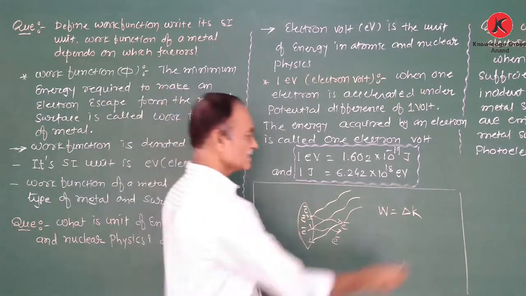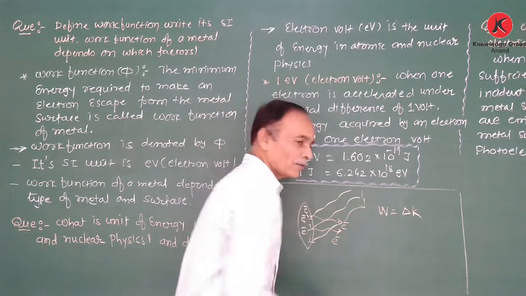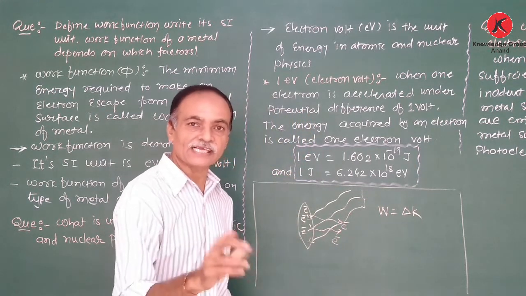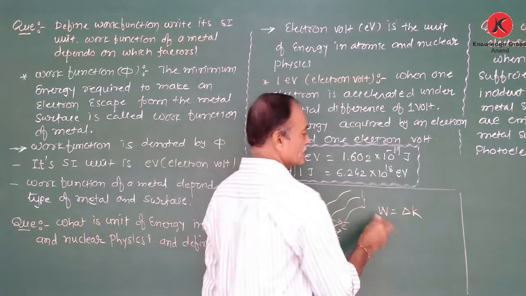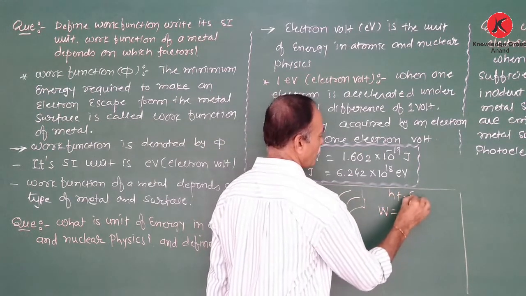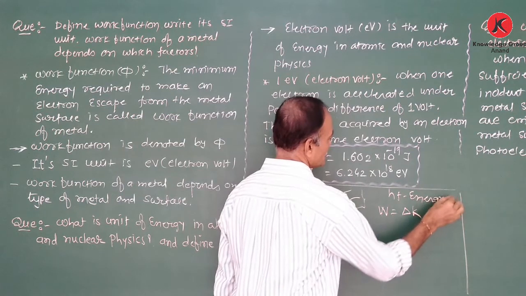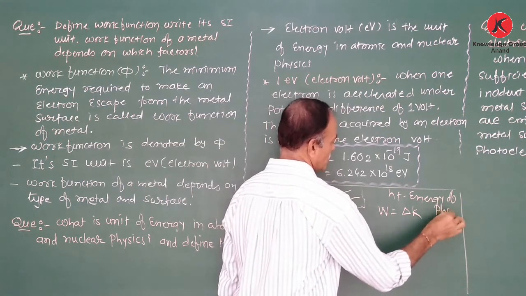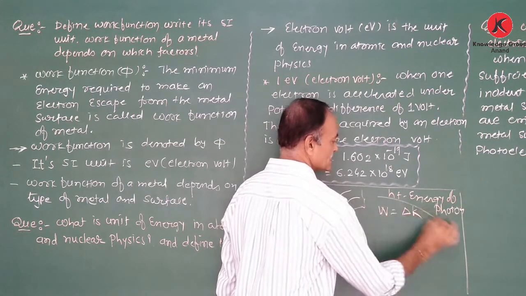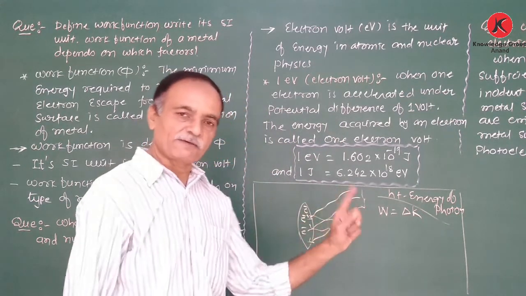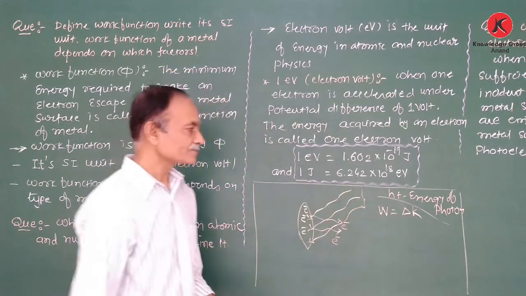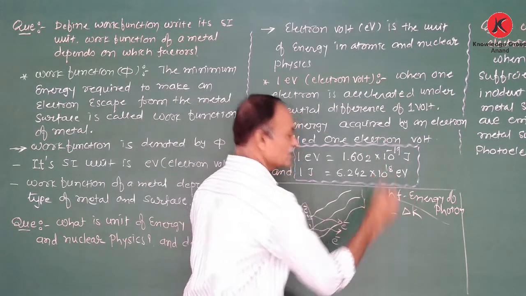Because we discussed that whatever light is incident, light is a bunch of photons. The photon has frequency F, therefore hf is the energy of a photon. We will also discuss this in this chapter, after Lenard's experiment. So hf is the energy of one photon.